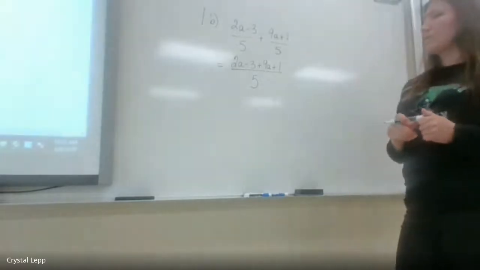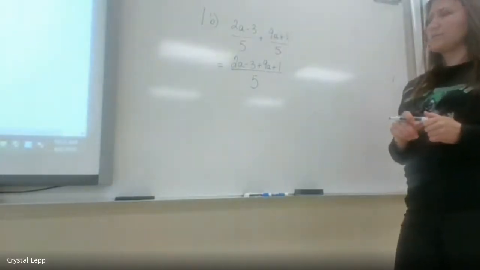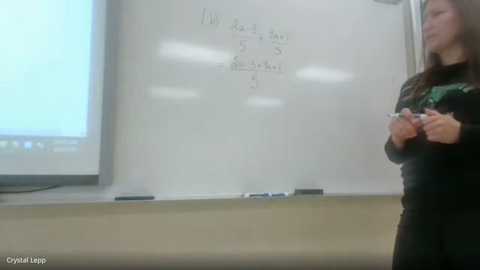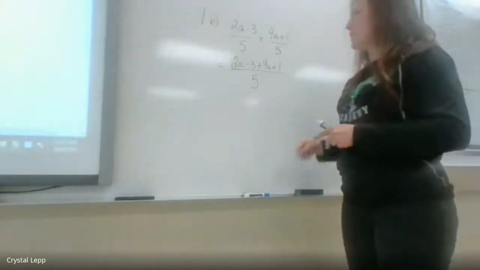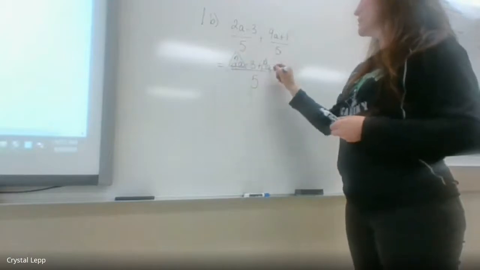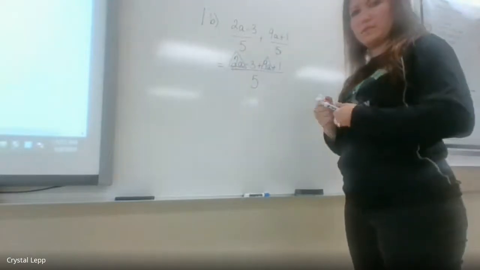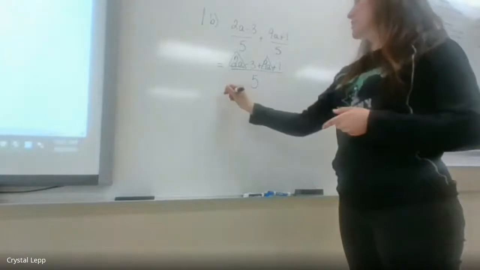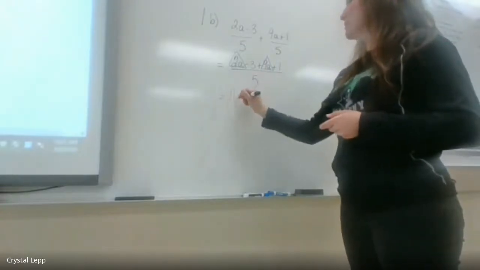Okay, so once we have a common denominator, we can just write all of our numerators, our tops, over our denominators, our bottoms. Then we can collect like terms. So we have 2a plus 9a, just like 2 apples plus 9 apples. So we have 11a.